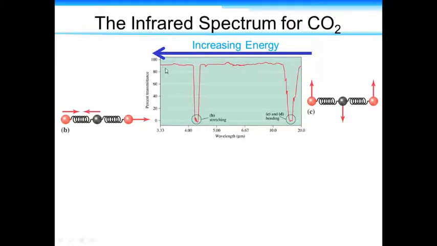If carbon dioxide was not a greenhouse gas, we would have a spectrum that looked something like this. All of the infrared radiation would pass through. But what we see instead is that there are certain wavelengths of that infrared radiation that are being absorbed by the molecule. And strangely enough, for certain wavelengths, it has a very specific type of vibration for the molecule.